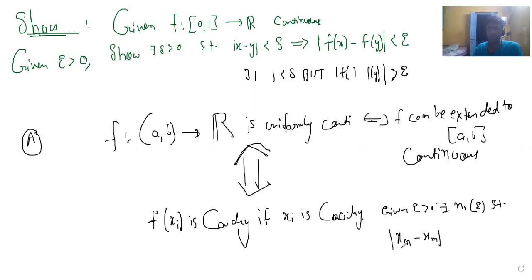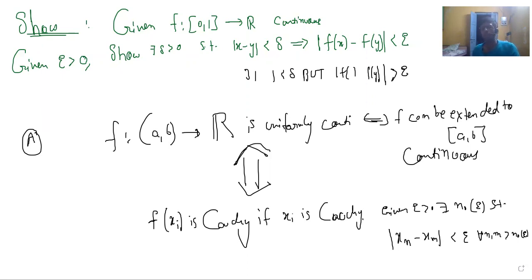I'm not saying the sequence is convergent. I'm just saying that given any degree of smallness, you can go far down in the sequence so that beyond that point, the terms are in an epsilon band. That is what I say is a Cauchy sequence.